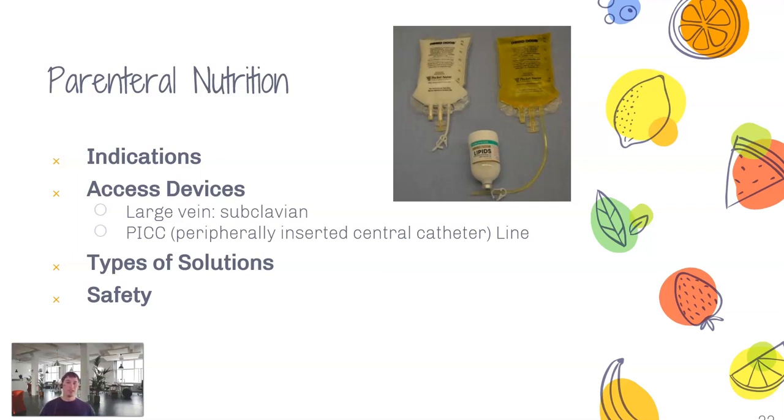Safety concerns to consider with this group: we will have placement confirmed through an X-ray. You're going to assess these lines for infection continuously. We're going to take daily weights to monitor fluid intake and output, and we're going to weigh the patient regularly.